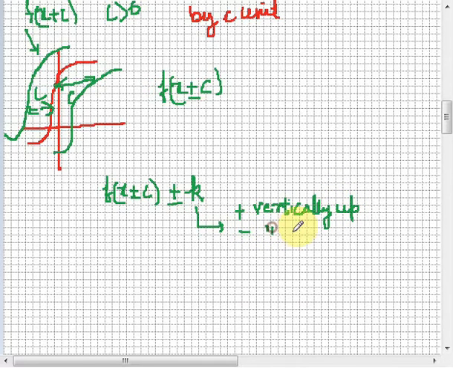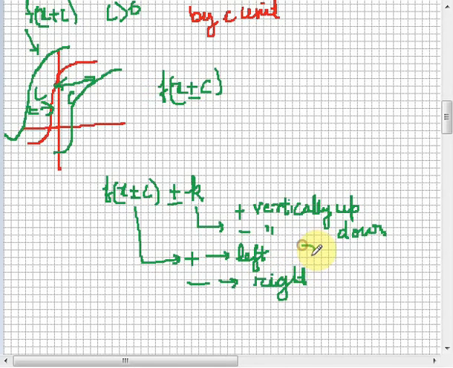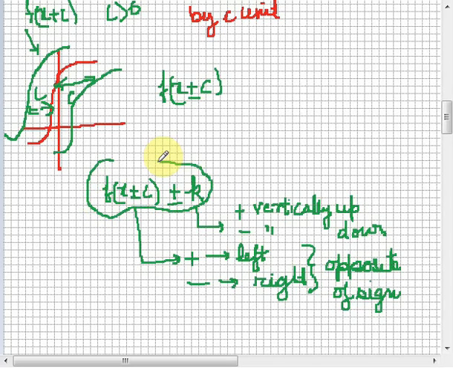Minus, vertically down. Here, inside, if the sign is plus, then left. If the sign is minus, then the graph moves right. That means opposite of the sign. This is the method to remember, if the graph of f(x) is given and we want to plot the graph of f(x plus c) and f(x minus c).